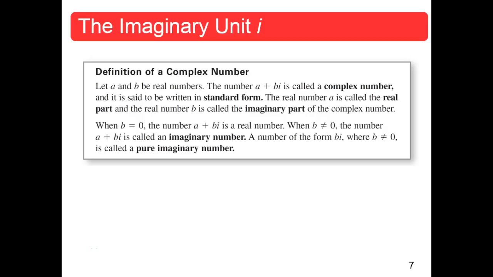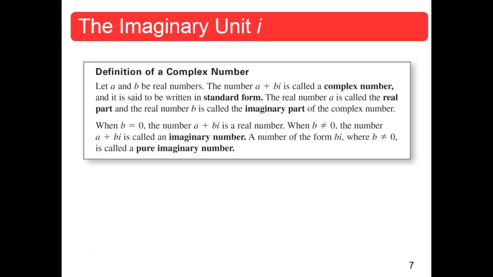A number in the form bi, where a is 0 but b is not, is called a pure imaginary number. So if it has a real part and an imaginary part, then it's just called an imaginary number. This is how this book calls it. And if they have no real part and just the imaginary part, then they call it a pure imaginary number.